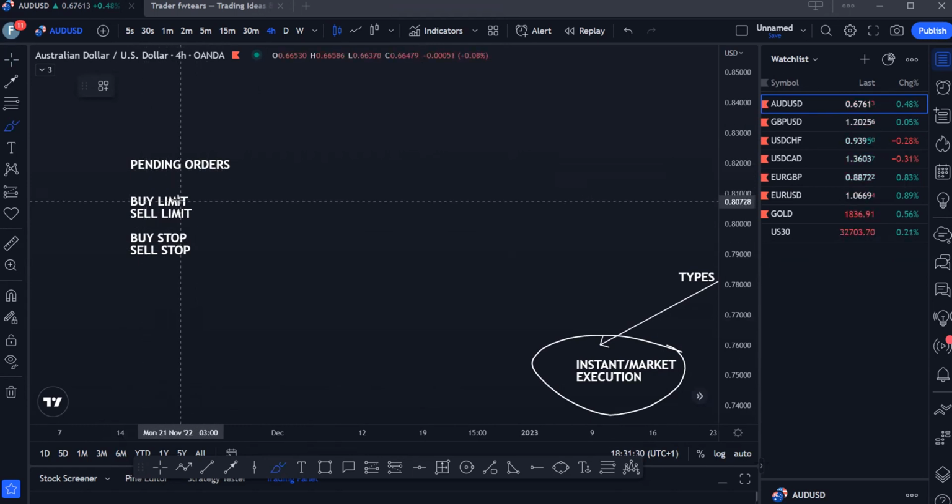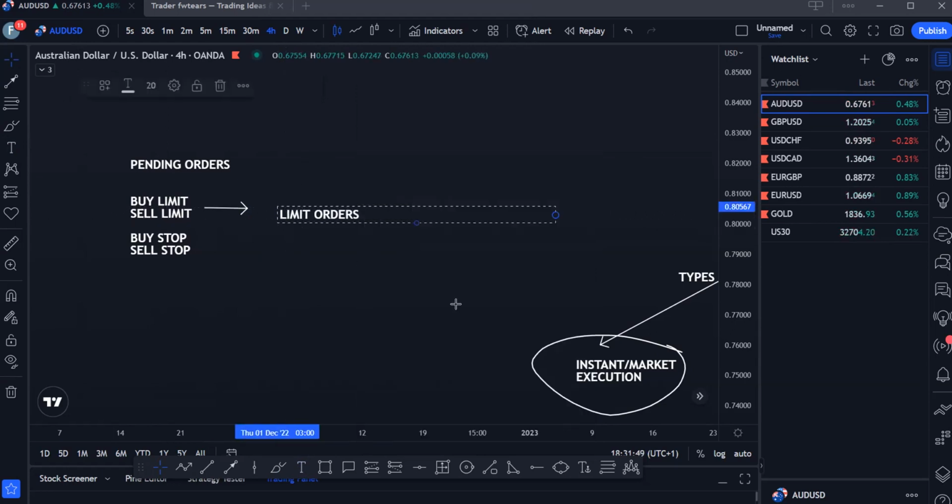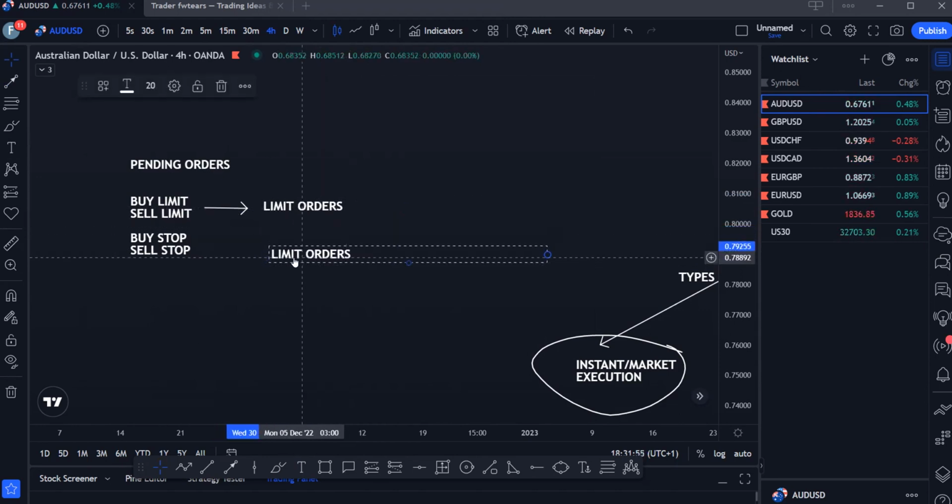Buy limit and sell limit are categorized as limit orders. Meanwhile, buy stop and sell stop are stop orders.